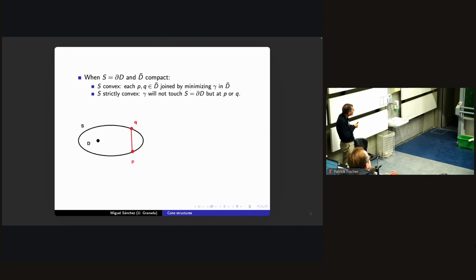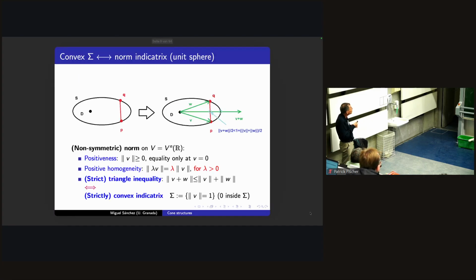Regarding this hypersurface as the unit sphere or indicatrix of a norm, we can consider a norm which has this hypersurface as unit sphere. Indeed, it is a non-symmetric norm, which is greater or equal to 0, with equality only at 0, and which is positive homogeneous.